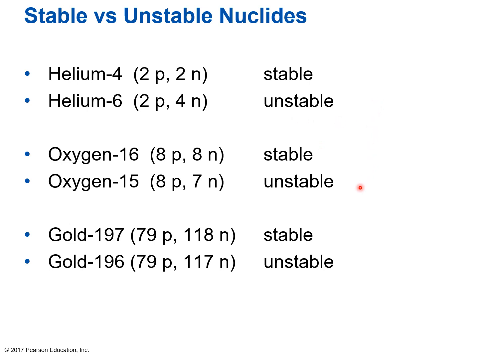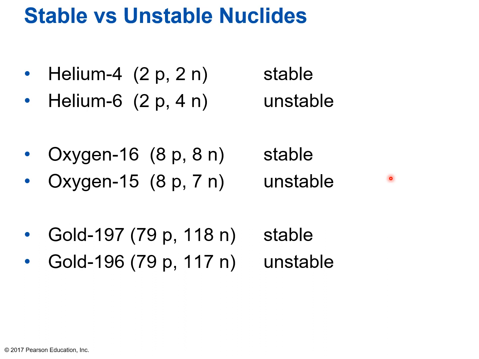With oxygen, it was the taking away of a neutron that made it unstable. It's beyond the scope of this course to get into determining exactly which isotopes are going to be stable and which are unstable, but you should just know that for any given element, some isotopes are stable, some are unstable, and it has something to do with the mix of protons and neutrons.